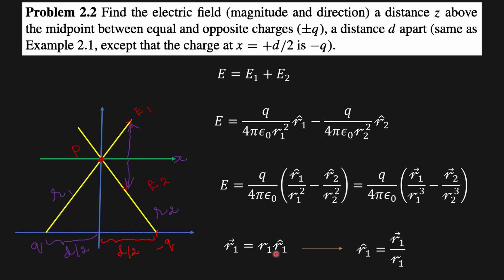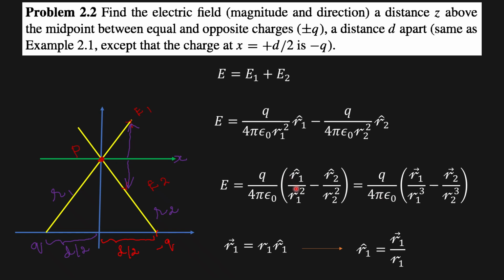that is, direction along r1, that is r1 cap. So this is the unit vector. So naturally the r cap unit vector is equal to the vector along the r1 direction, that is, the arrow indicates the vector along the direction script r1, over the magnitude of r1.